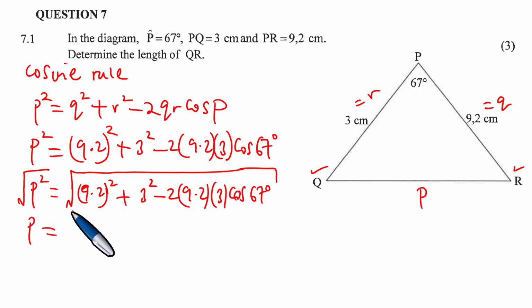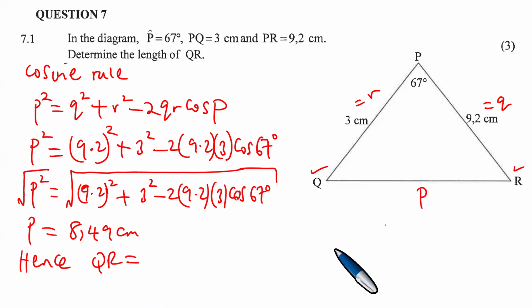Using our calculator to find the square root of this result, it is 8,49 centimeters. So QR, which is p, is equal to 8,49 centimeters.